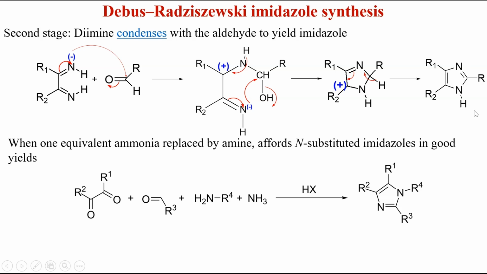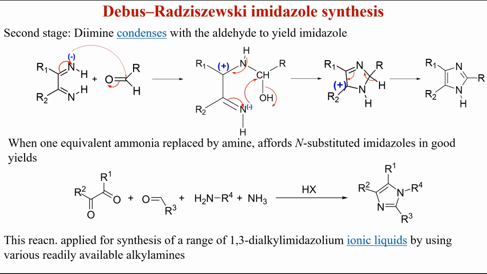Instead of free NH, it is substituted. And this reaction takes place in the presence of acid, like HCl. This reaction is applied for the synthesis of n number of derivatives of 1,3-dialkyl imidazolium ionic liquids. This is the application of this Debus-Radziszewski imidazole synthesis.